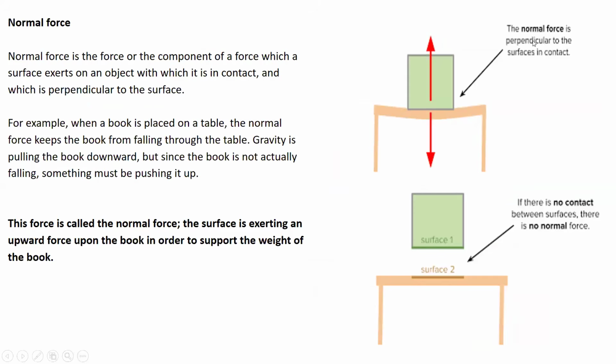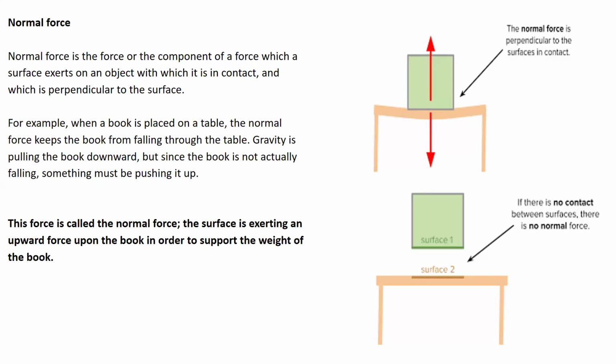Let's keep going. We're learning, we're getting the content we need to understand. The normal force is a very important force in physics, and we need to be able to define it, to understand it, to be able to identify it in a typical question.